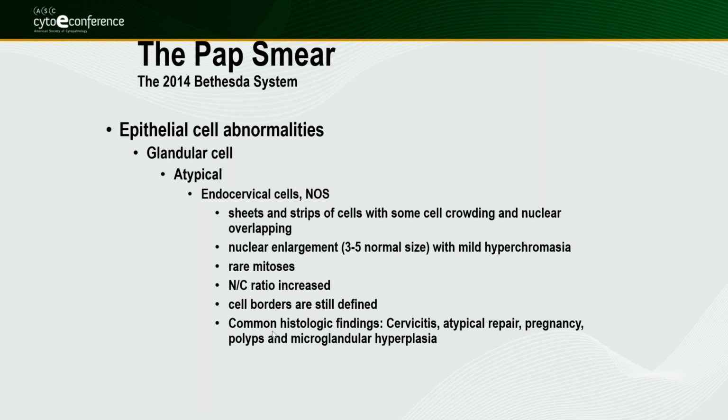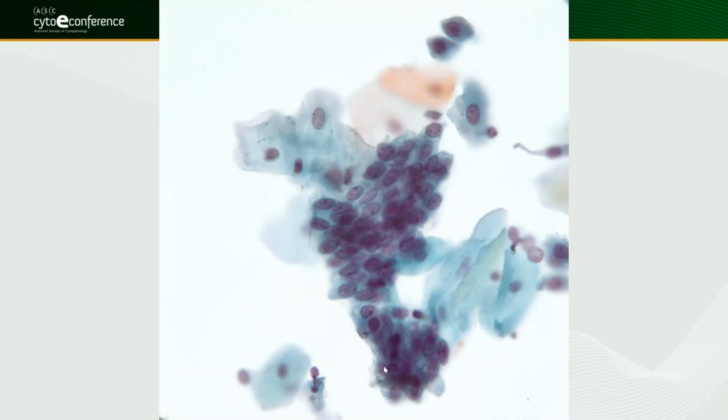And like we said briefly before, the common histologic findings corresponding to atypical endocervical cells NOS are actually benign: cervicitis, atypical repair, polyps, and other mostly benign situations. If you still remember the picture from previously, in this one the nuclei become more columnar and more elongated, no longer that round, and it's more crowded and the cell borders are not so distinct.